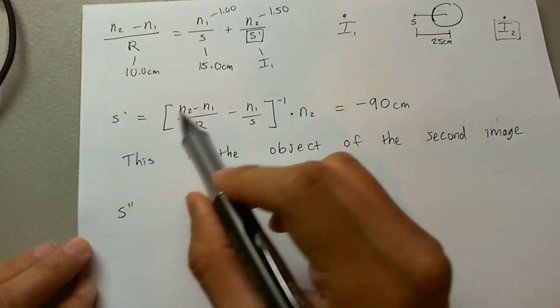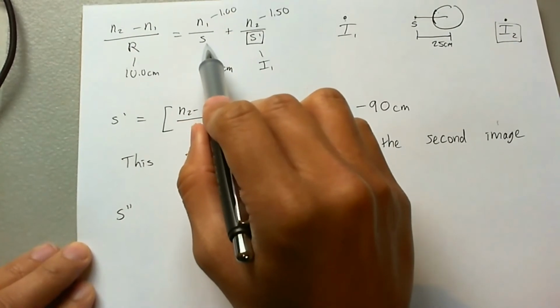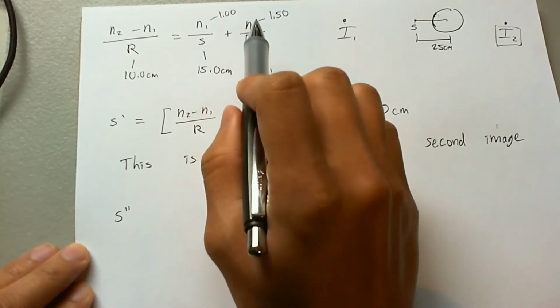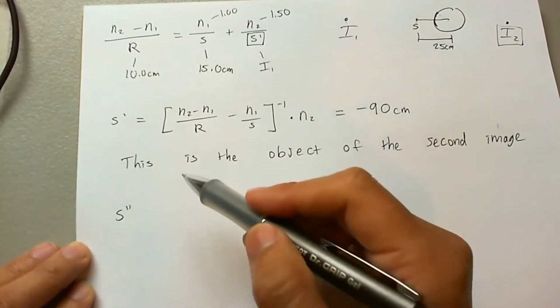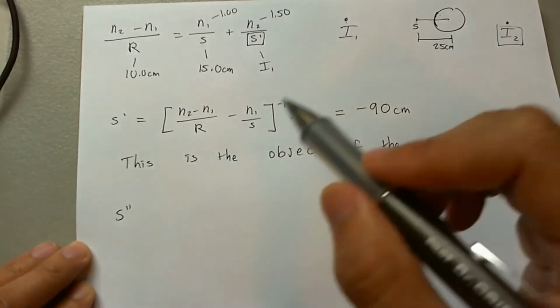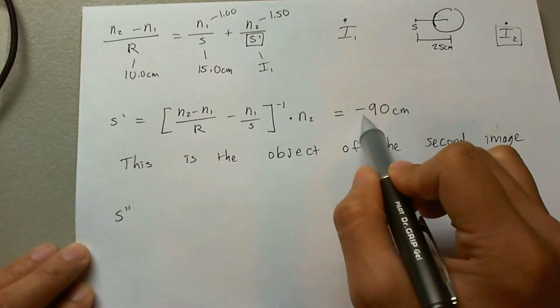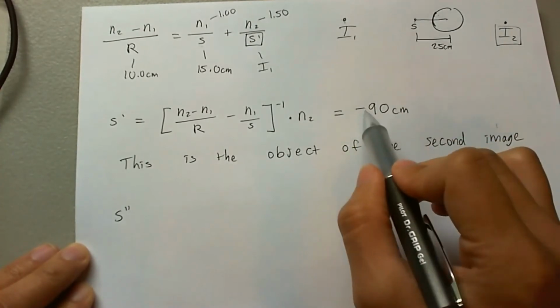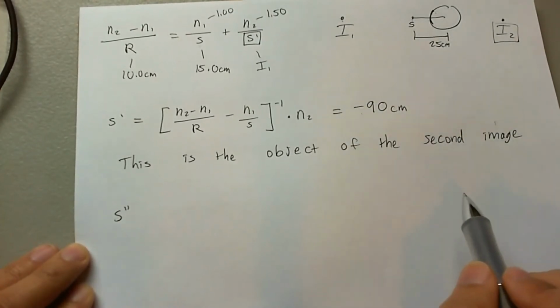So mind you, remember how I said that we conventionally see an object on the one side as a positive number, and then the image is going to be positive if it appears on the other side. Okay, so in this case, the image appeared on the left side, so it's a negative. However, since it's now the object for the second image, we're going to make this a positive number because now it's an object for something else.